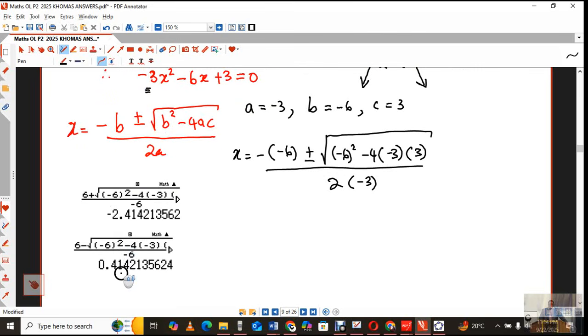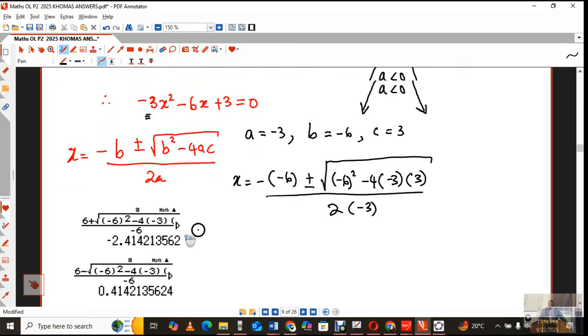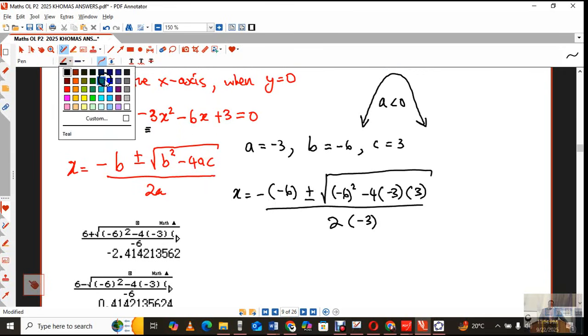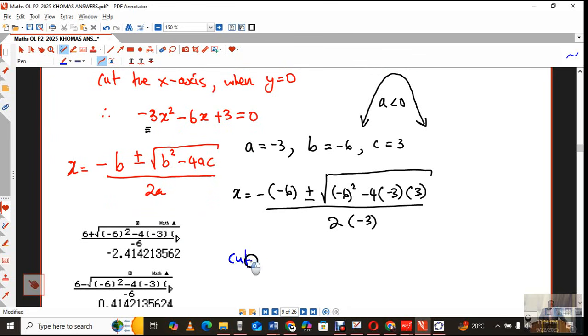So I have an idea now where it's going to cut the x-axis, but where will it cut the y-axis? It cuts the y-axis at the point where x is equal to 0.